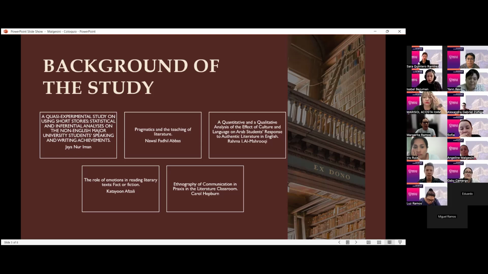And then the third article I have here is a quantitative and qualitative analysis of the effects of culture and language on Arab students' response to authentic literature in English. I know the journals might not be the good ones. In this study, they look at language and culture. They say language and culture can have a profound effect on comprehension.